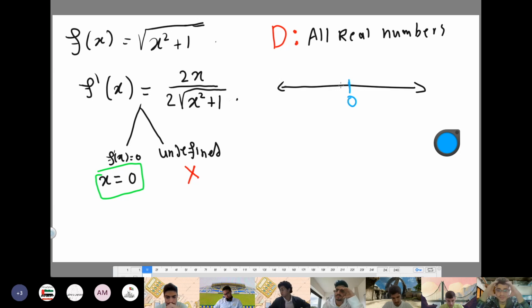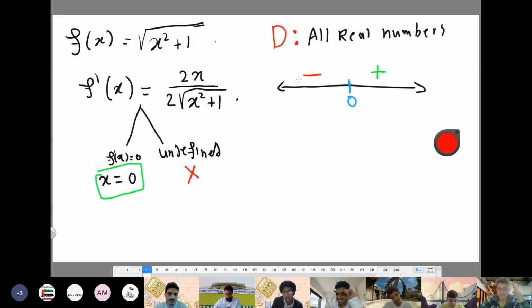Can someone tell me from the right of the 0, what is the sign? Positive. So here it is going to be positive. And what about from the left side of the zero? Negative. Yes.